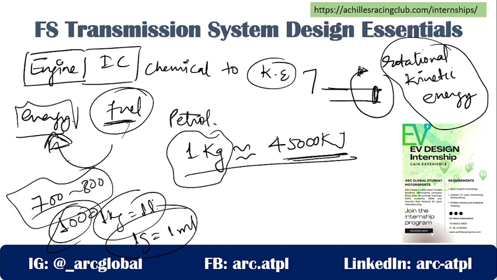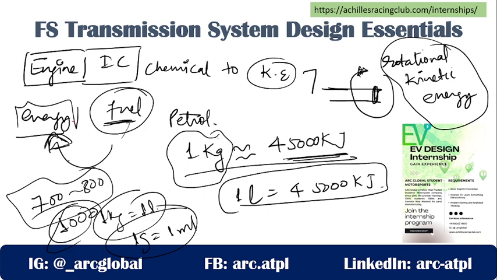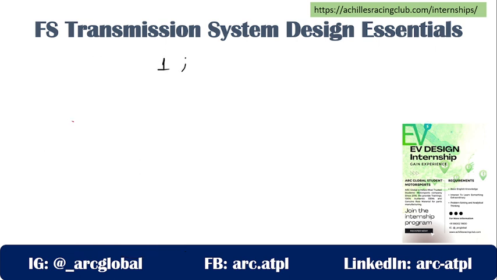Just for the ease of calculation, I am doing this. So if I am going to use 1 liter of petrol, I will be getting 45,000 kilojoule of energy. I need to extract this energy.